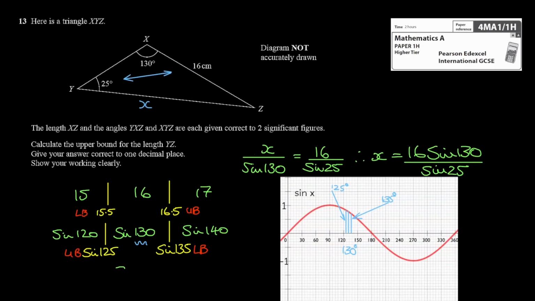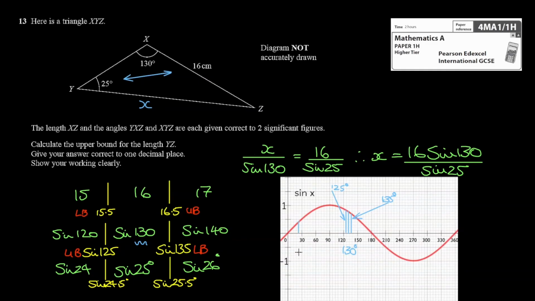Let's look at our last option, which is sine 25 degrees. Our next one up would be sine 26. And I'm only referring at the moment to the number 25 going up to 26. The next one down is sine 24. And the border crossings would be, as I've indicated, 24.5 and 25.5. Now, do these represent upper or lower bounds? Well, let's just check.